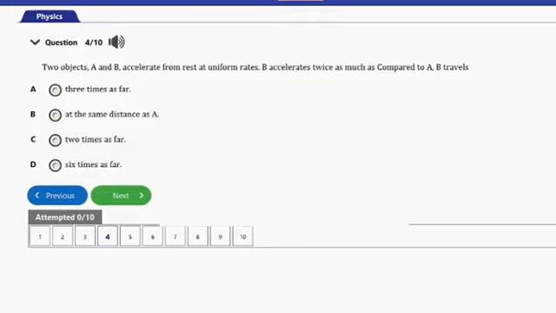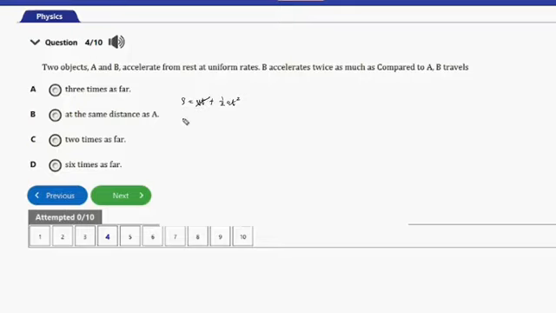So if we want to verify this using the equation of motion here, s is equal to ut plus half at squared. So if the two objects are accelerating from rest, that means the two objects will actually have initial velocities of 0.